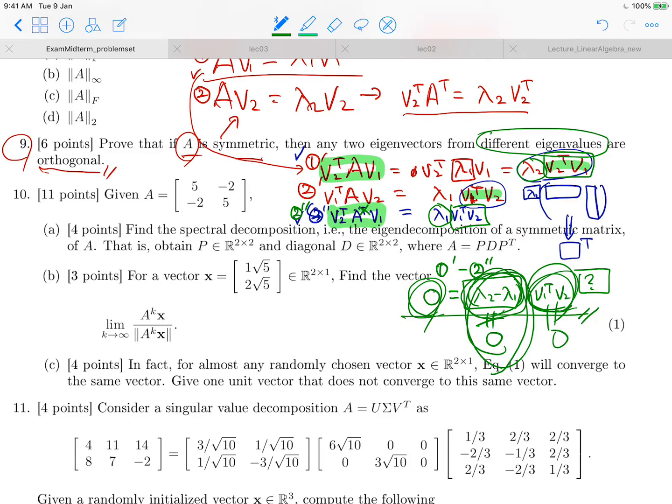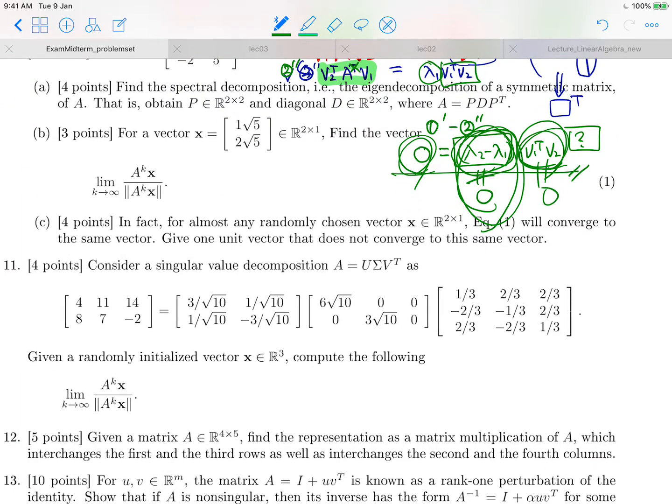In this case, it is called power iteration. We have studied that in this case, the vector direction converges to the eigenvector that has the largest eigenvalue. So if you obtain the eigenvalue and eigenvector in the first problem, you should be able to obtain the solution. Is this okay? And then the next question might be a little bit tricky.